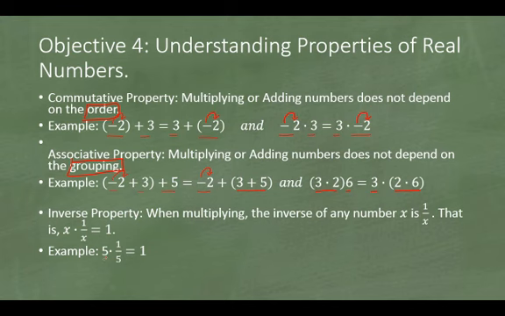So 5 times 1 over 5 equals 1. 7 times its inverse will equal 1. What's the inverse of 7? 1 over 7. Negative 8 times its inverse, 1 over negative 8, will equal 1.